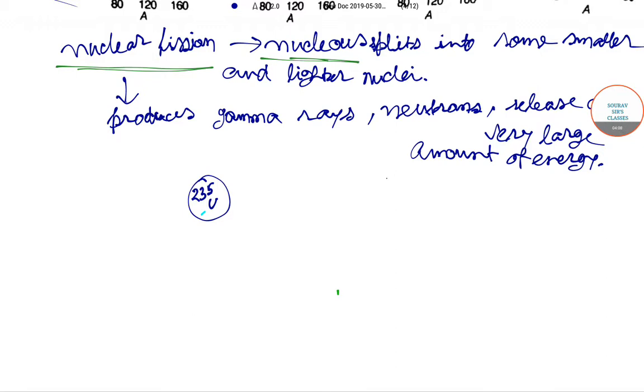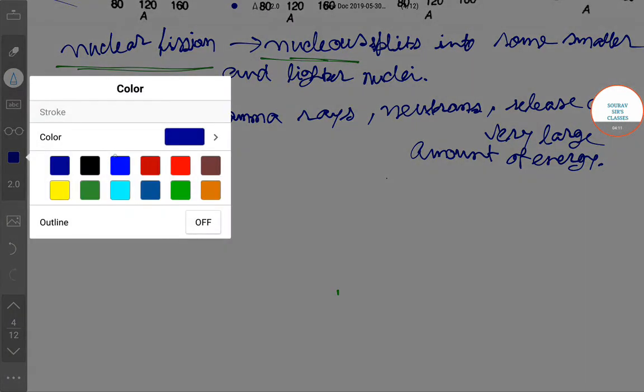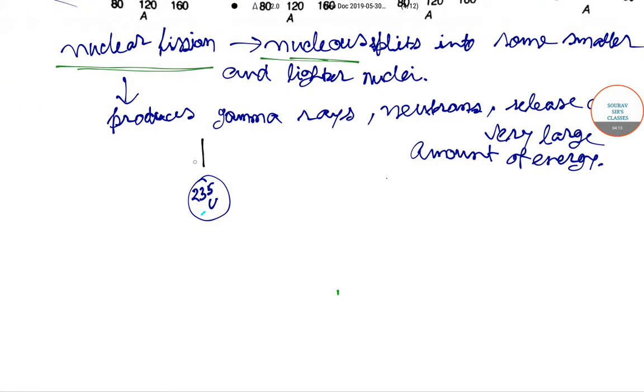Okay, one single neutron is absorbed by this uranium 235 nucleus, turning it into an excited uranium nucleus of 236.